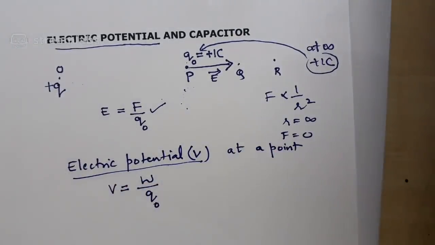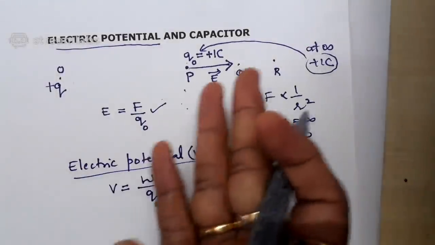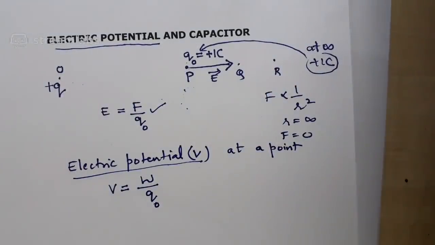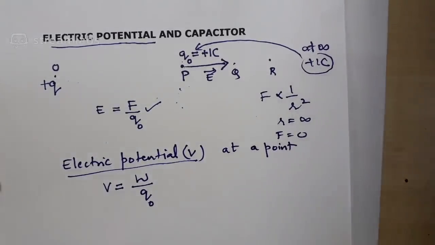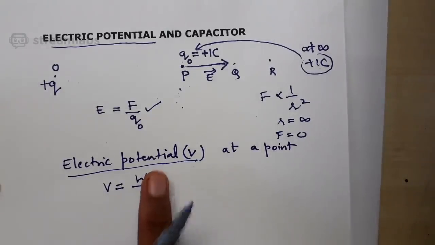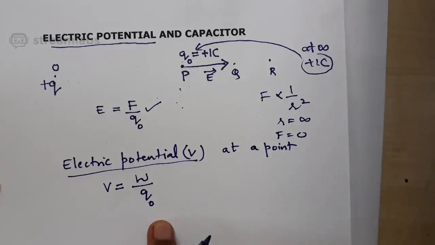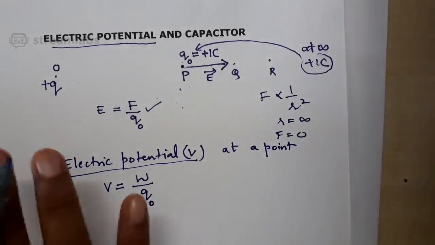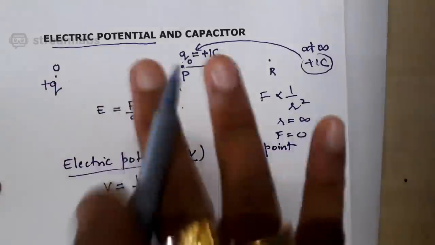When I say point under consideration, options are open, depending upon the point to which you are bringing the plus 1 coulomb charge. I'll repeat the definition. Listen to this carefully. Electric potential at a point is defined as the amount of work done in moving a unit positive charge from infinity to a point under consideration against the electric field.